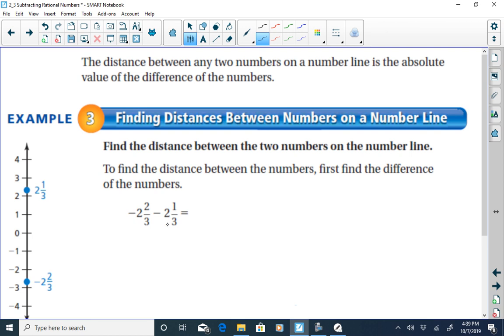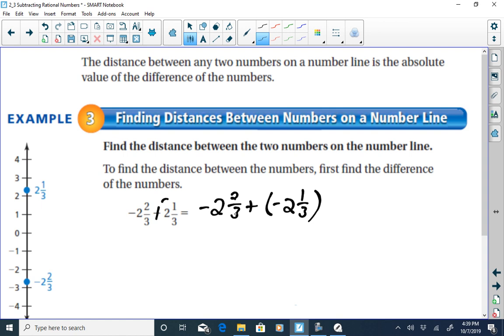And that's what we set up here. First step, use the additive inverse. Got to add the opposite. Now I have the addition problem of negative 2 and 2/3 plus negative 2 and 1/3.